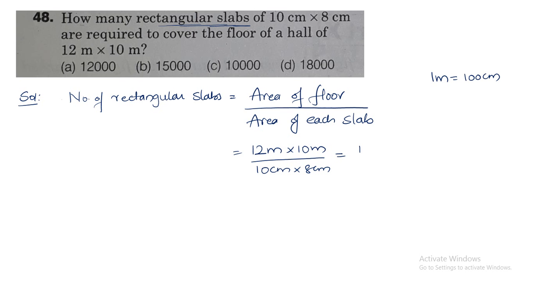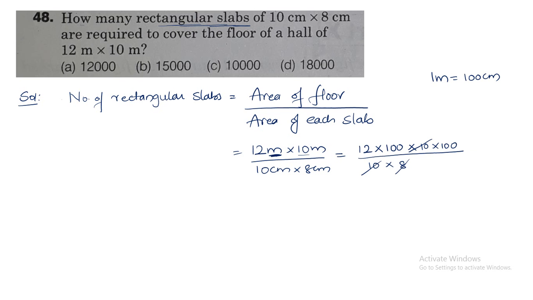So from this I can write 12 into, this meter I want to change into centimeter, so meter means 100 centimeters. So 12 into 100 into 10 into 100 centimeters, divided by 10 into 8. Since I have converted meters into centimeters, I am not representing any units. Now cancellations. 10 will get cancelled one time.